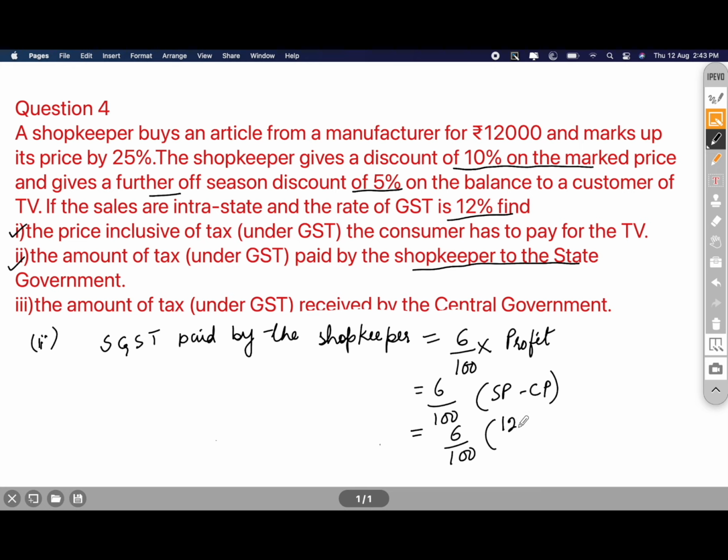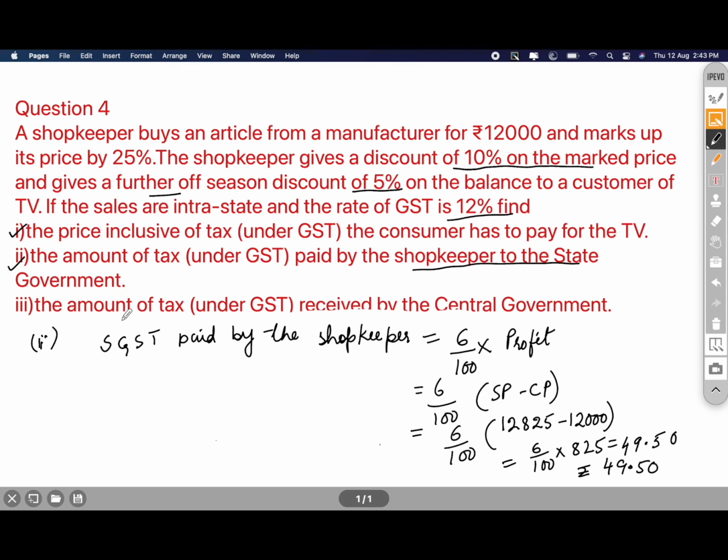So selling price was 12,825. Cost price was 12,000. Right. So calculation will give 6% of 825. That comes to 49.50. So rupees 49.50 is the amount of tax paid by the shopkeeper to the state government.